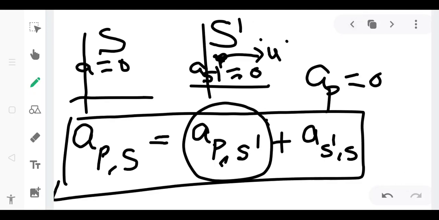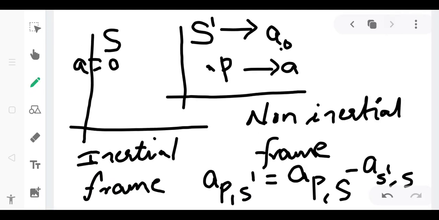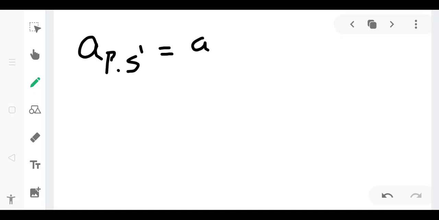So in the place of APS dash, we can write a. So this will be the equation: APS dash equal to APS minus AS dash S.